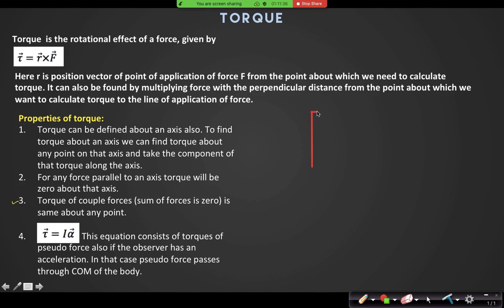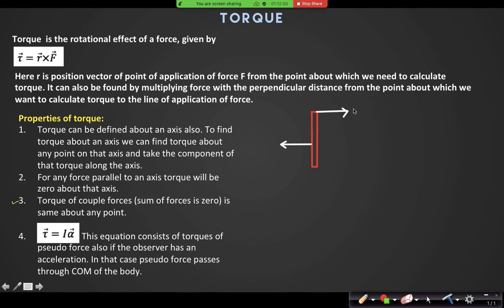Suppose there is a rod and there are two forces applied on the rod. Here it is F and here it is F. Couple forces are forces whose sum is 0.